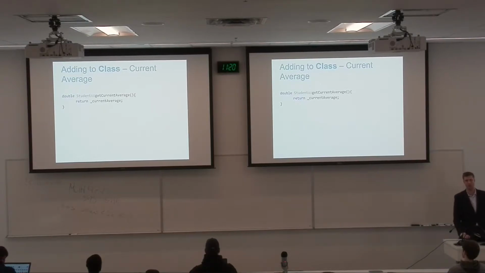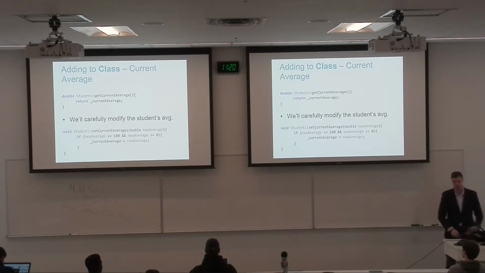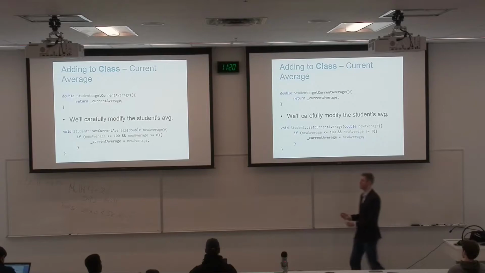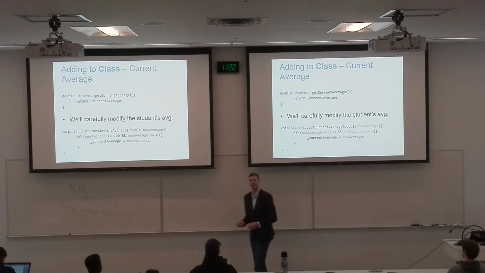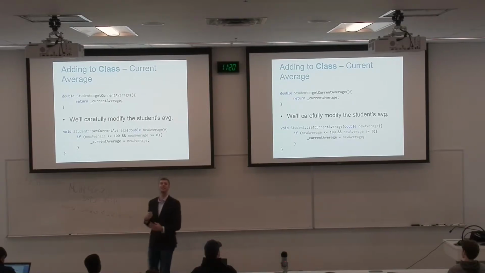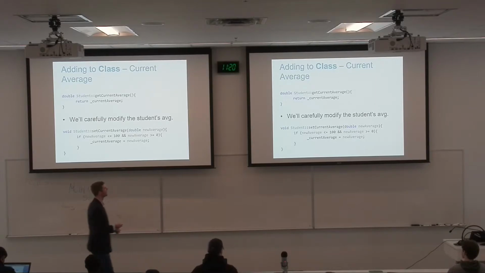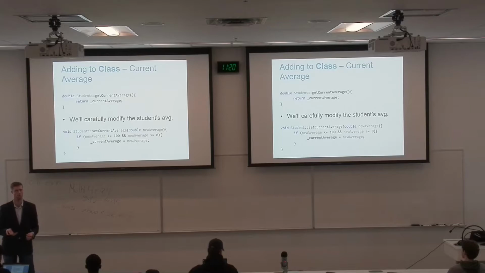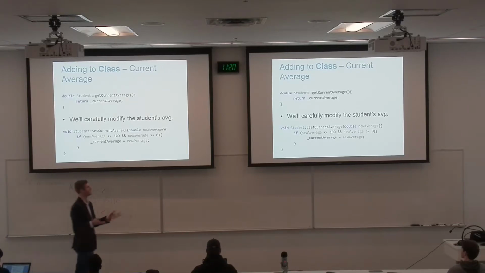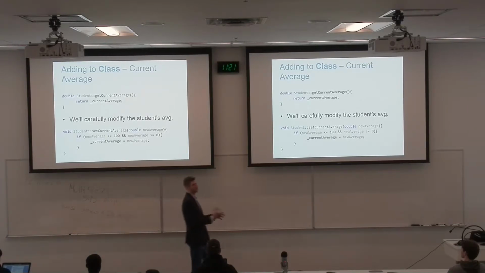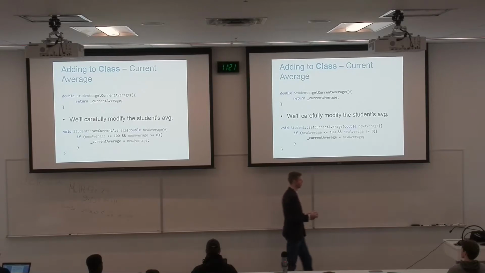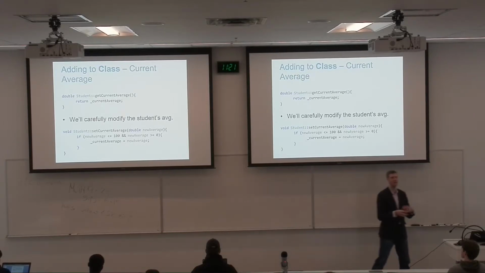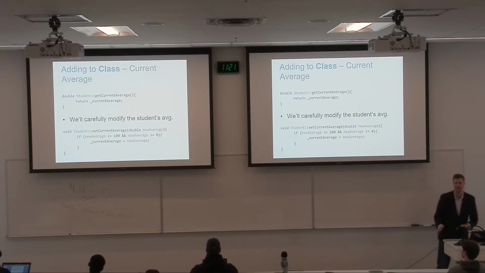And the average, we can get it, and perhaps we can add some extra data integrity check with our setter, where if someone tries to set the value of the student's average, and it's not between 0 and 100, it just won't let you. It just won't do it. So this helps to enforce that the data is consistent the way it's supposed to be.